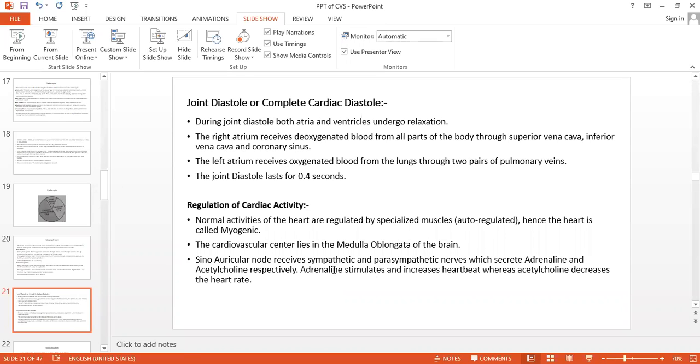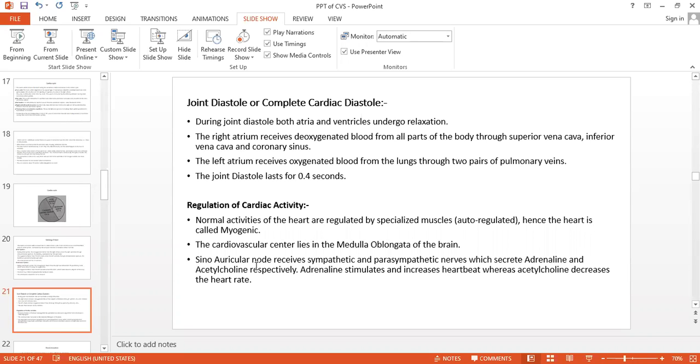Adrenaline, see here: the sino-auricular node receives the sympathetic and parasympathetic nerves. The sympathetic secretes adrenaline and noradrenaline, isn't it? And the parasympathetic nerves secrete acetylcholine only. So adrenaline stimulates the heart and acetylcholine depresses the heart.